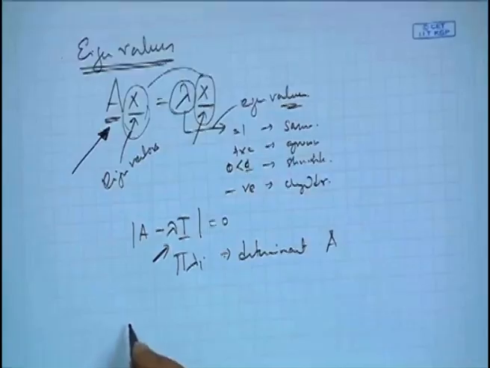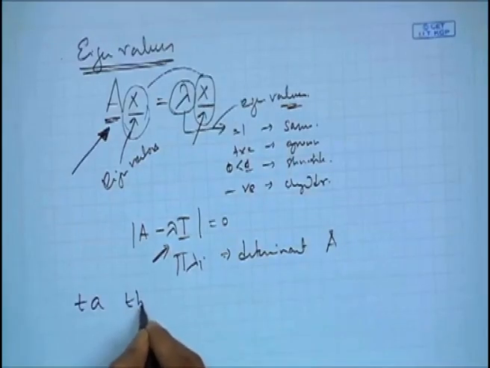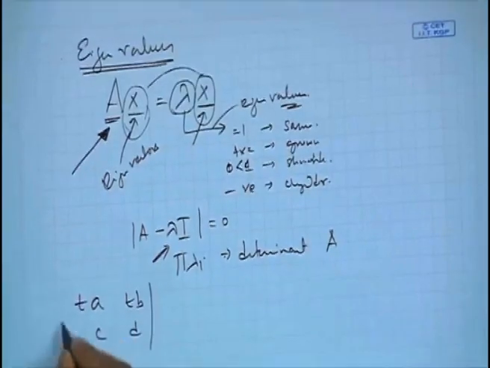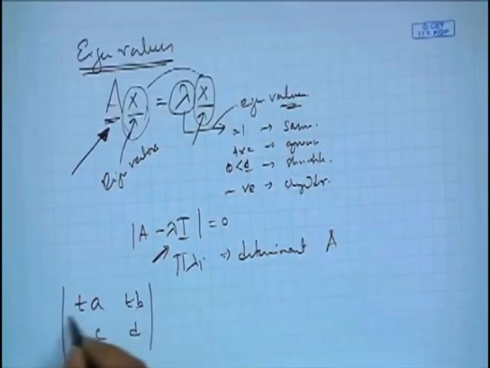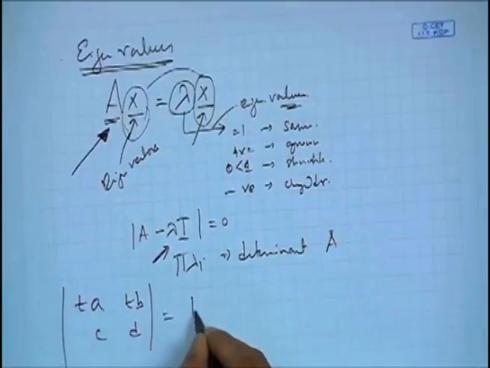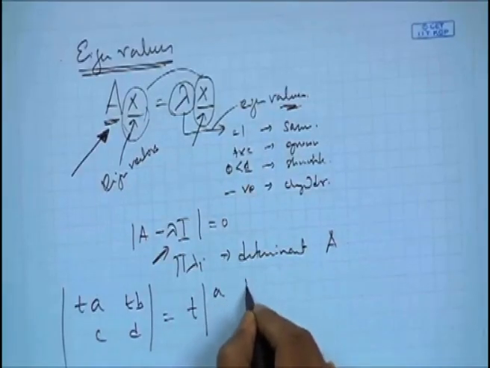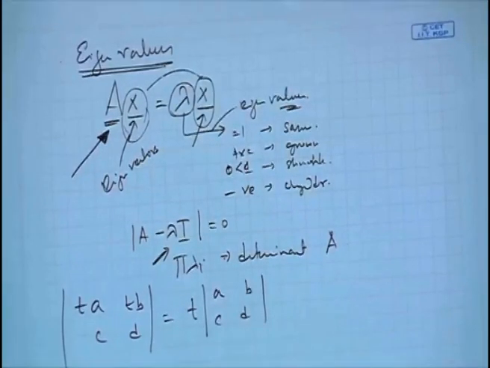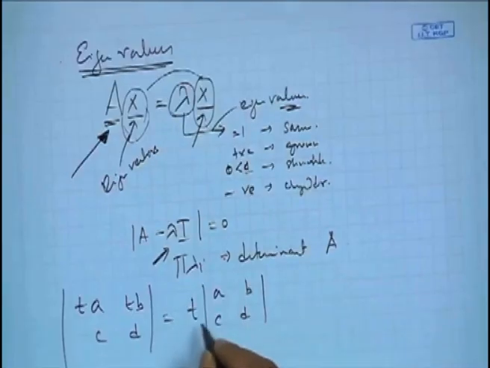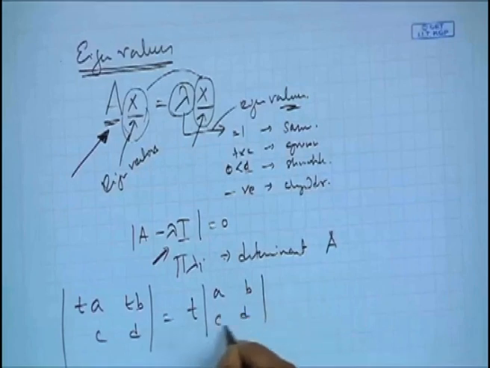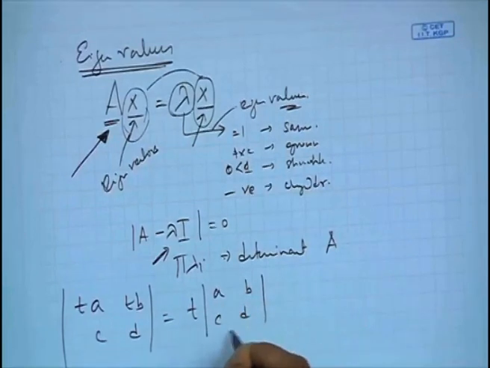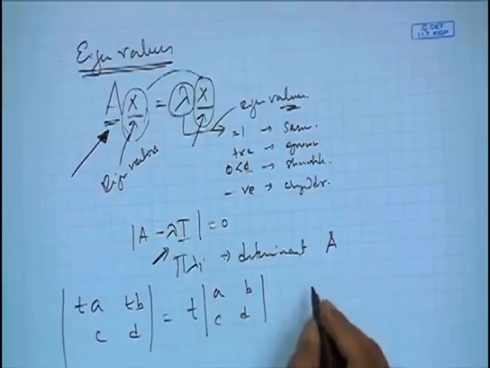And the other important thing about determinants is, if we have the matrix with rows (t A, t B) and (C, D), that means I am multiplying one row by a certain t, and taking the determinant, this is equal to t times the determinant of A, B, C, D. If I multiply the whole matrix by t, all the rows get multiplied, so the determinant is the determinant of the original matrix multiplied by t to the power of n.